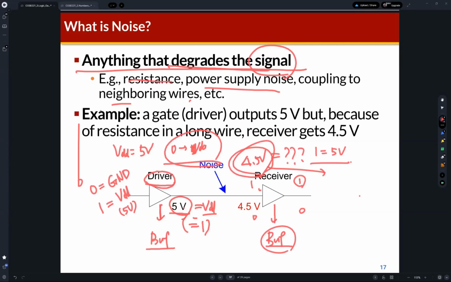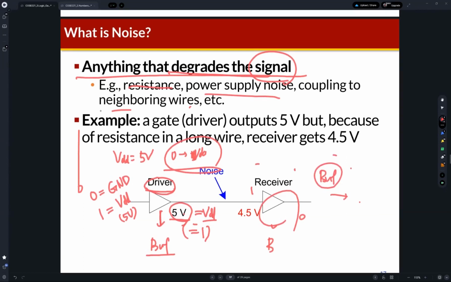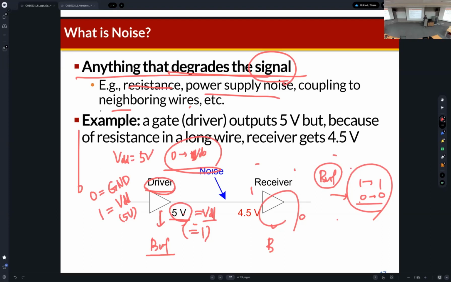You can find the buffer here. I said that if we use the buffer, the input is just delivered to the output, like 1 is 1 and 0 is 0. Then you may think, why do we need a buffer? Because of this issue: the signal can be changed by noise. The signal strength is reduced, and the buffer changes this value into the real 5 volt value.